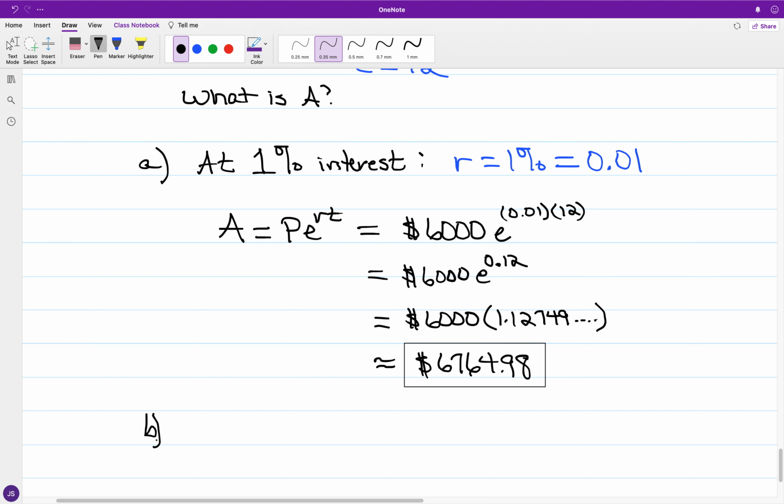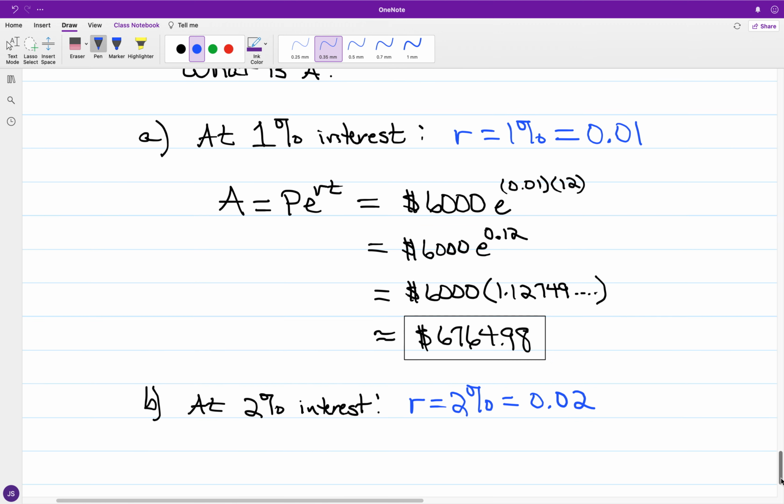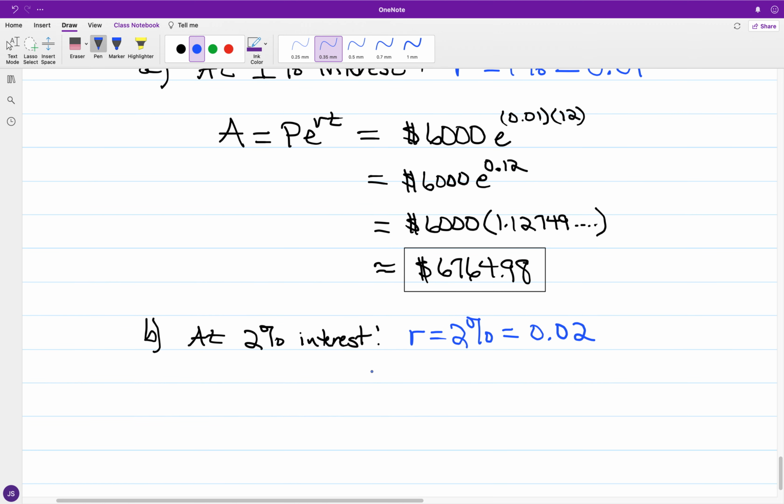Now in the case of Part B, if I up the interest rate to 2%, R is going to be 2%. To calculate using R, I'm going to convert R to a non-percent decimal, so that's going to be 0.02.